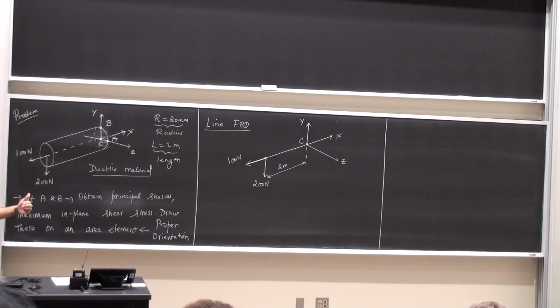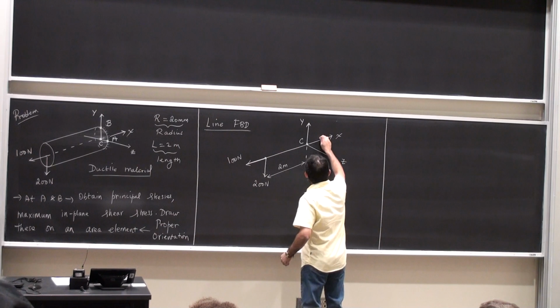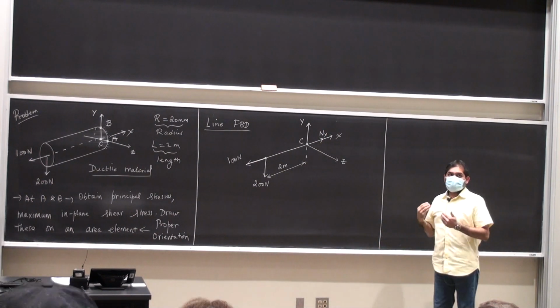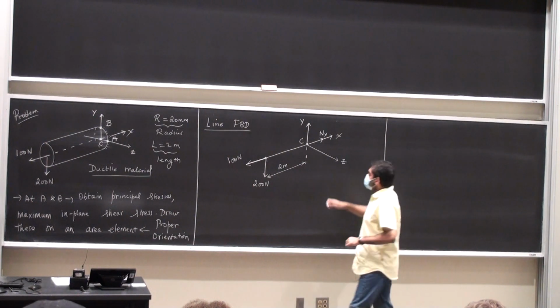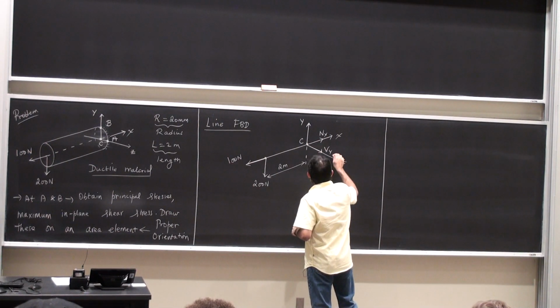On the fixed end, which is where the axes have been drawn, you mark the support reactions and then the reaction moments. So I'm going to have Nx, normal force along the x-axis. I'm going to have Vy and Vz, shear forces.